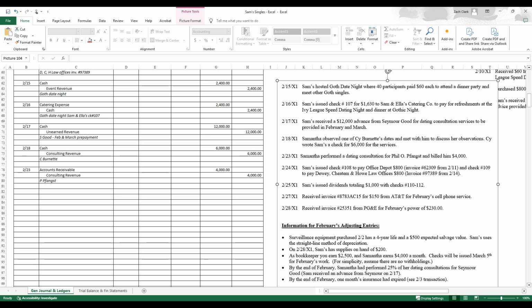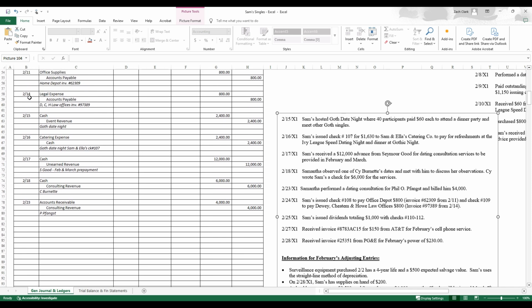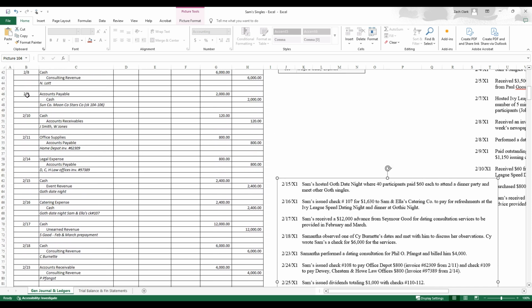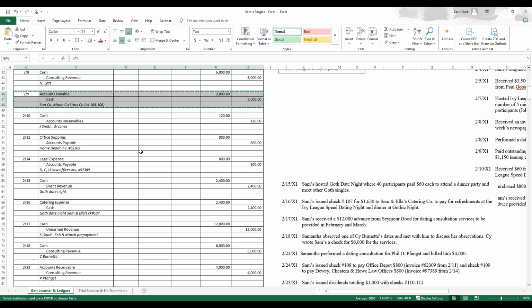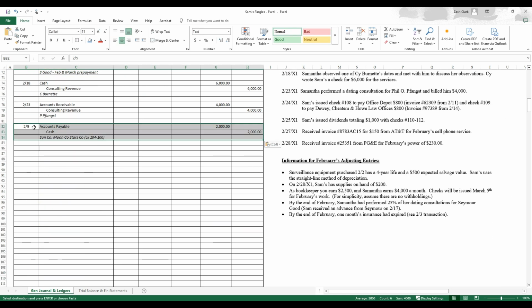All right, just a couple more entries. Here now we're going to issue a check for a few different vendors. I'm going to steal this journal entry because it's similar.